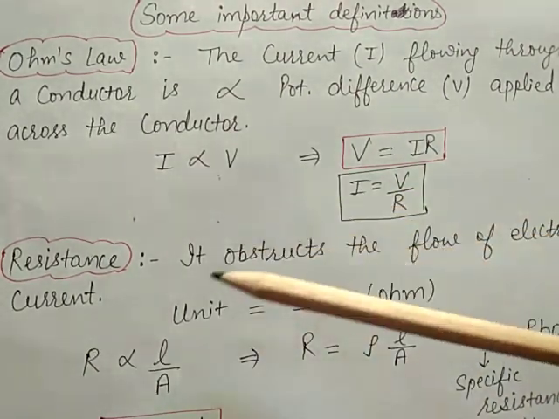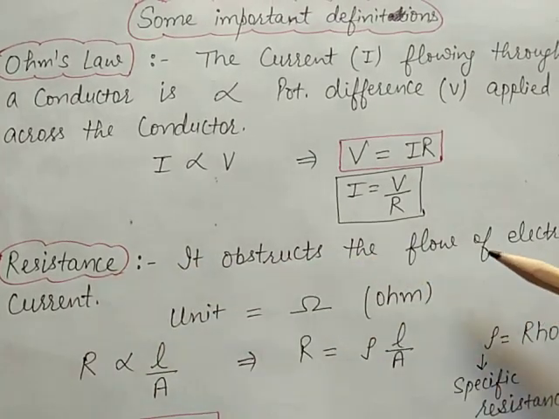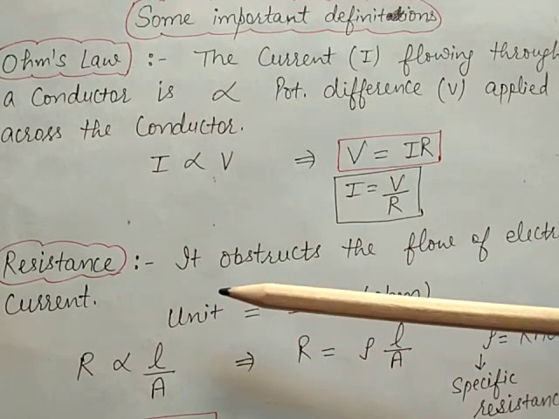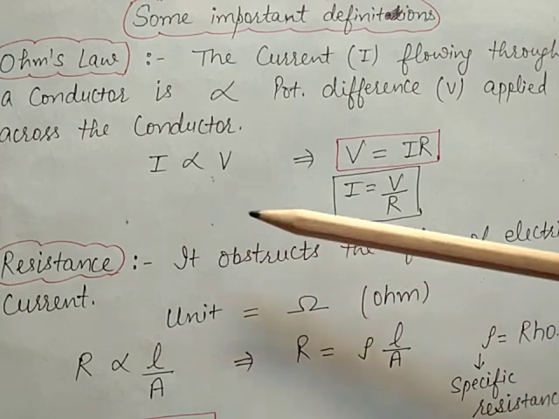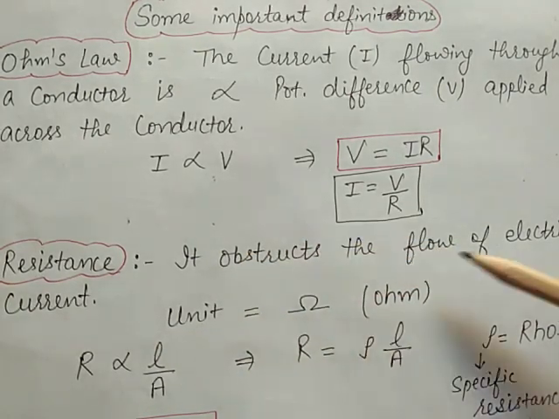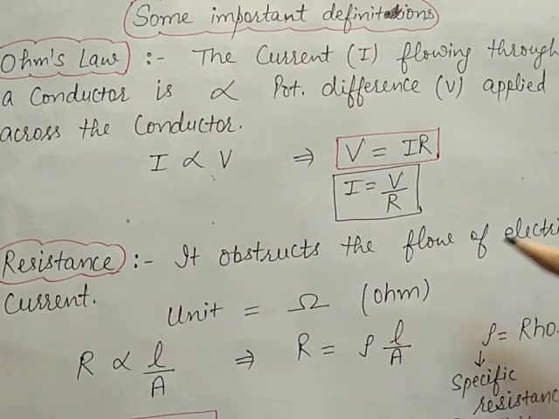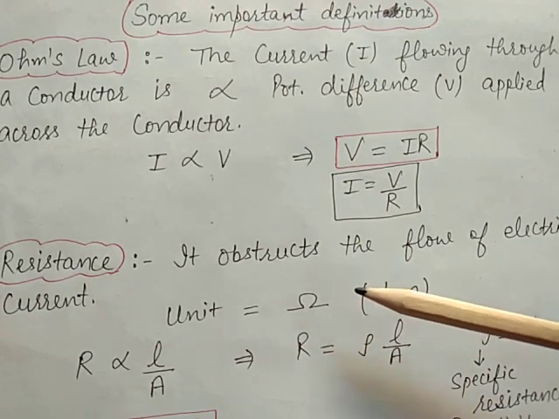R means resistance, which obstructs the flow of electric current. It is denoted by R. It is the property of a substance by which it obstructs the flow of electric current through it. The unit of R is ohm.